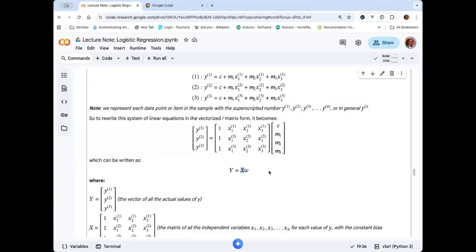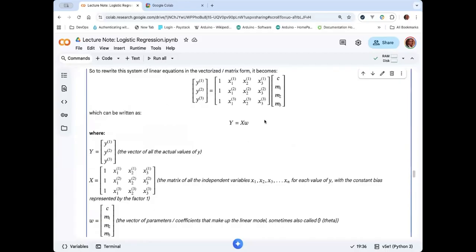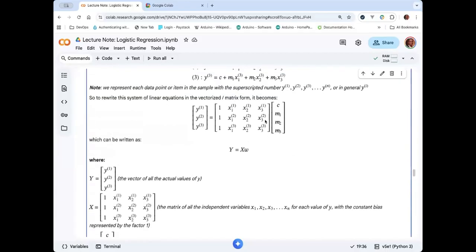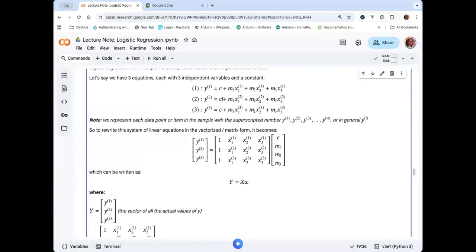By the way, you could actually have done this another way. Let me show you. I did not do this here, but you could easily have done it by writing it as M1x1 plus M2x2 plus M3x3 plus C, right? You could have done that.